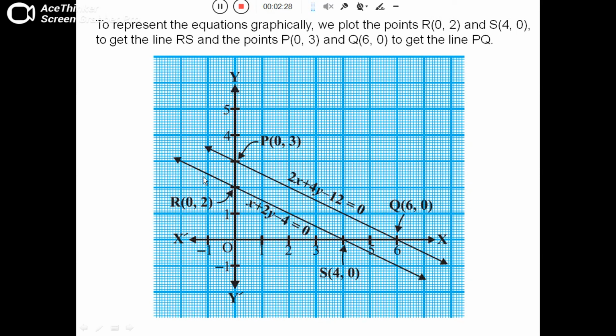This is RS, meaning (0, 2) and (4, 0). This is the line of the equation x + 2y - 4 = 0, and this is 2x + 4y - 12 = 0. You will observe that both the lines are parallel to each other.